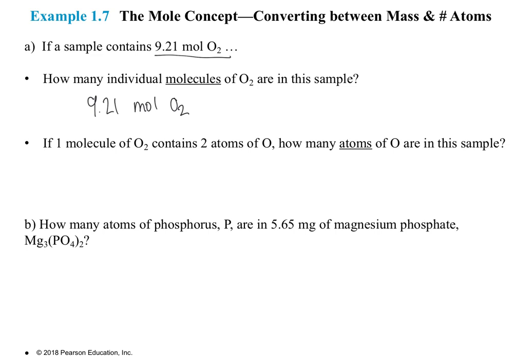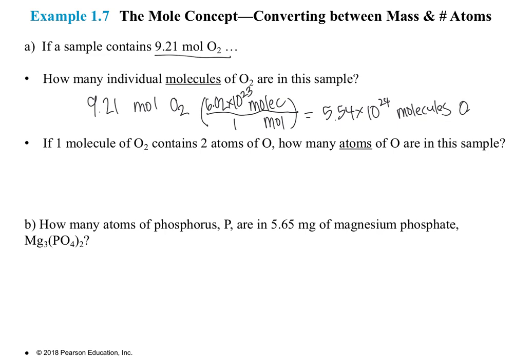And I want to get into molecules, so I'm going to do my conversion. I want moles on bottom, molecules on top. So again, 1 is always with the moles, and then Avogadro's number gets me out of moles and into particles. And so if I multiply that together, I get 5.54 times 10 to the 24 molecules of O2.